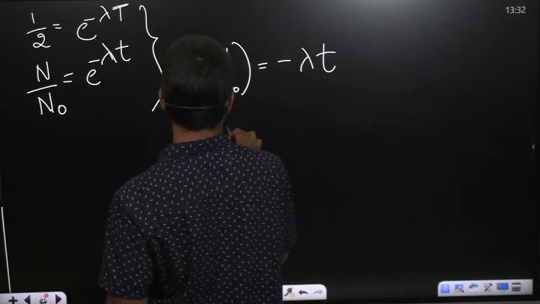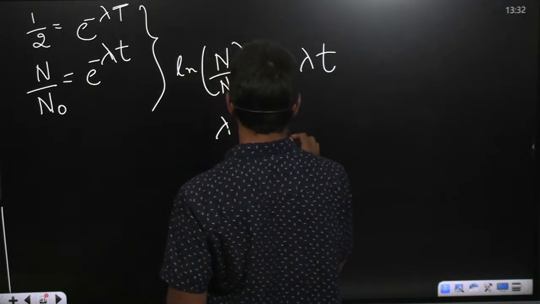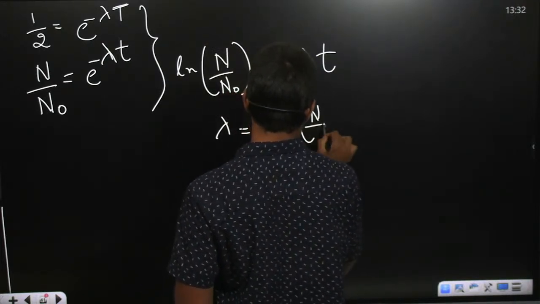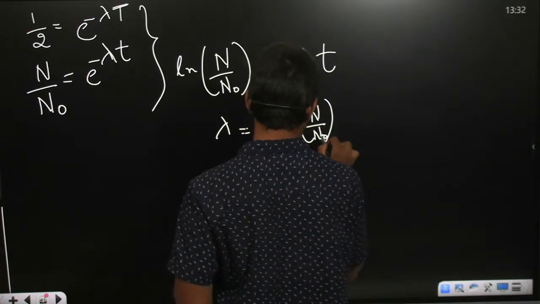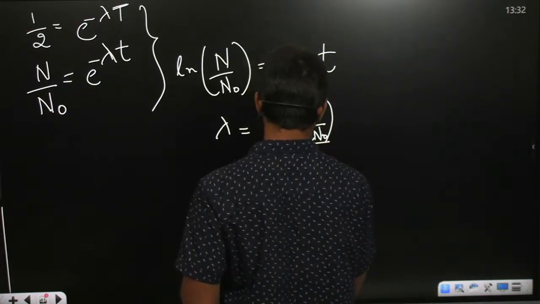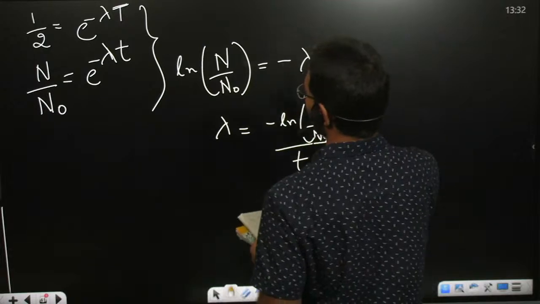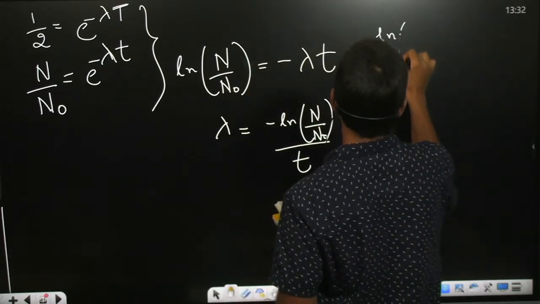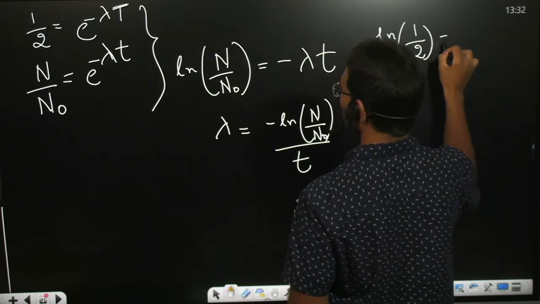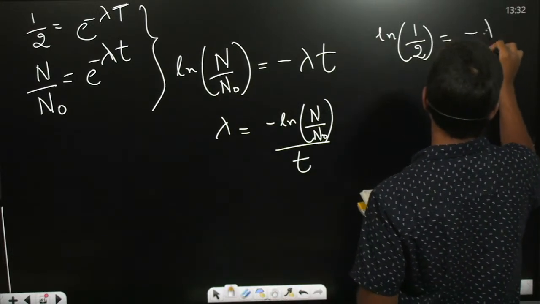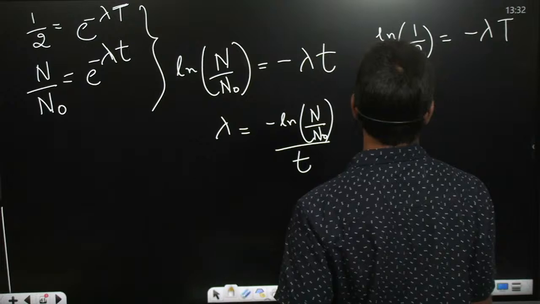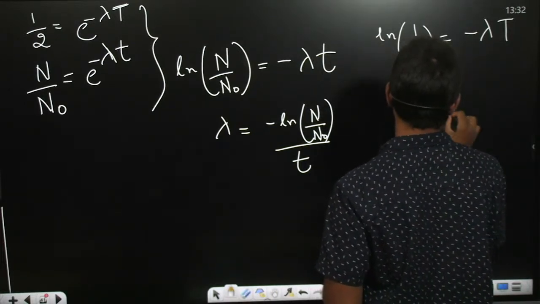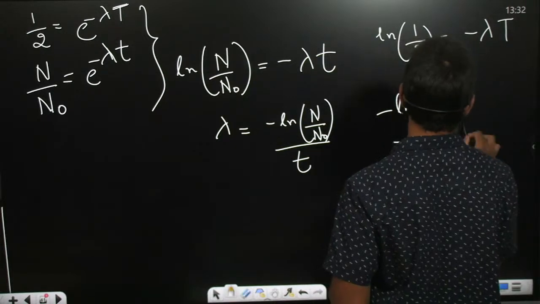So lambda is equal to minus ln N by N naught by t. Similarly, ln 1 by 2 is equal to minus lambda T, so ln 2 by T is equal to lambda.